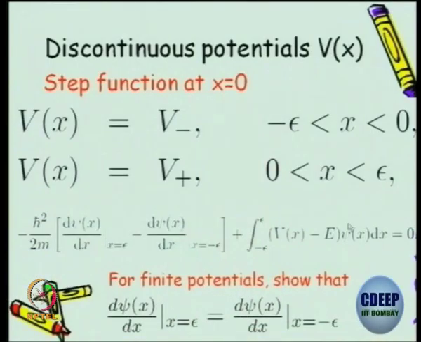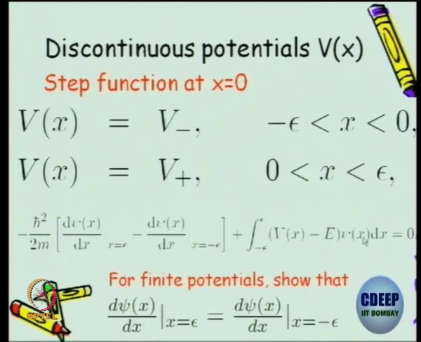If you do that, there will be an epsilon factor multiplying. You also use the fact that psi of x is continuous, so you can pull out psi of x as psi of 0 outside the integral, and this V of x will become V plus plus V minus, and you will have an epsilon because of this integral over dx.